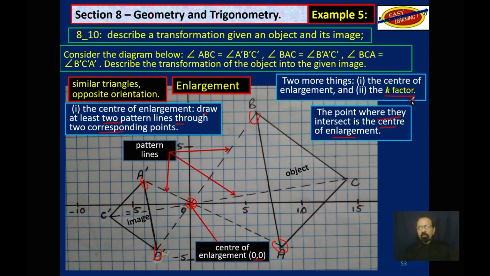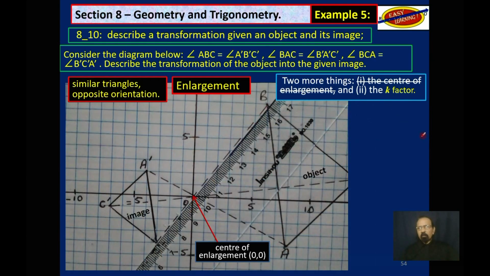So now we still need to know the scale factor, K. As I said, you have 6 ways of doing that. You could use any one of these pattern lines, or you could use corresponding sides of the image and the object. As I said, for me, it is easiest just to measure one of these lines. So I set my ruler here at 10, and I can easily measure going this way and coming this way, whatever is easiest.